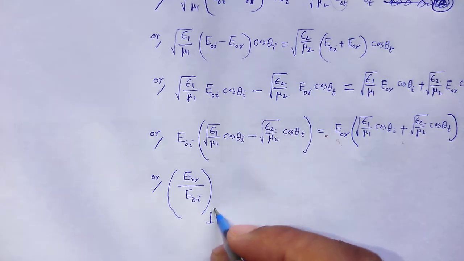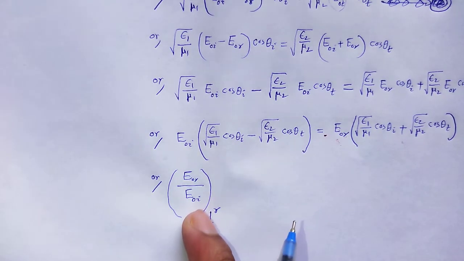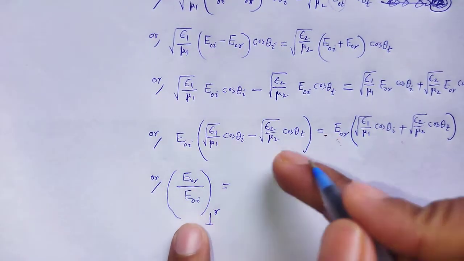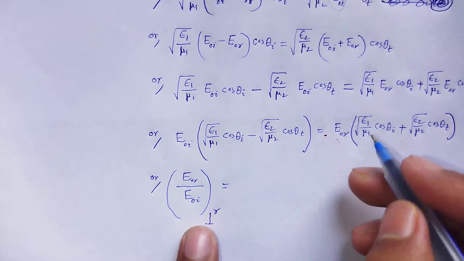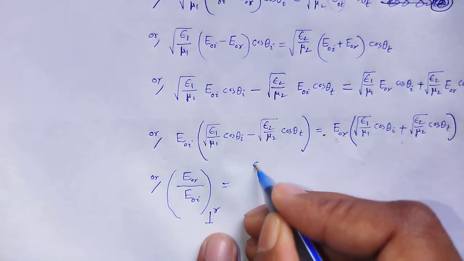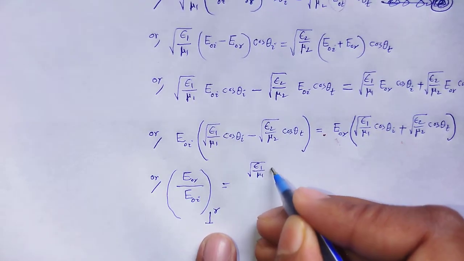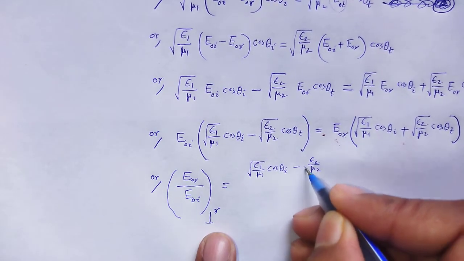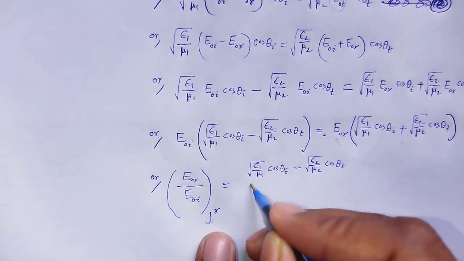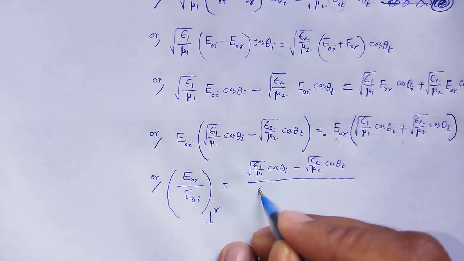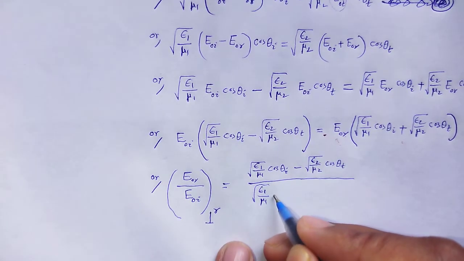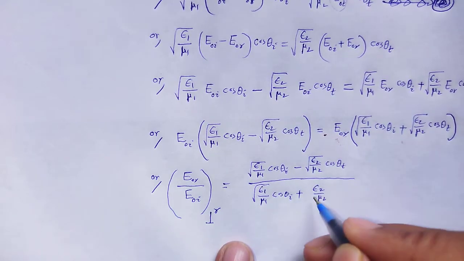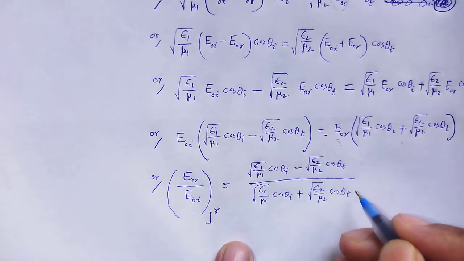This is for perpendicular condition, when the electric field vector is perpendicular to the plane of incidence. So, E0R divided by E0I, therefore, square root of epsilon 1 mu 1 cos theta I minus square root of epsilon 2 mu 2 cos theta t divided by square root of epsilon 1 mu 1 cos theta I plus square root of epsilon 2 mu 2 cos theta t.